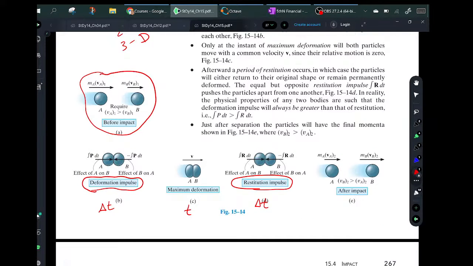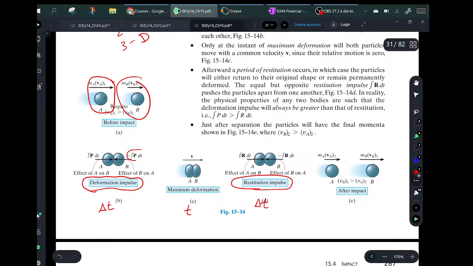However, if I consider the system to be only A and only B, and think of it as 2 systems, then I do have a force pushed on B by A and a force pushed on A by B. And you can see the signs are different, equal and opposite. So I don't know why he uses a P. The R makes sense. It's the restitution phase. But during the deformation phase, you have this. During the restitution phase, you have those 2. Essentially, the ball's coming back apart.